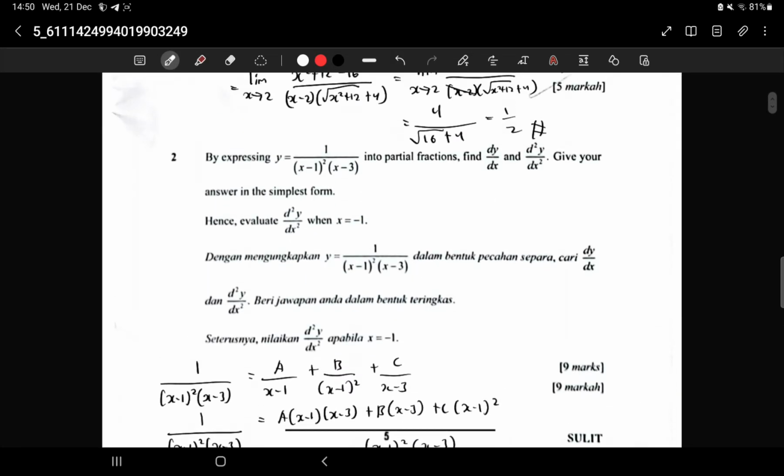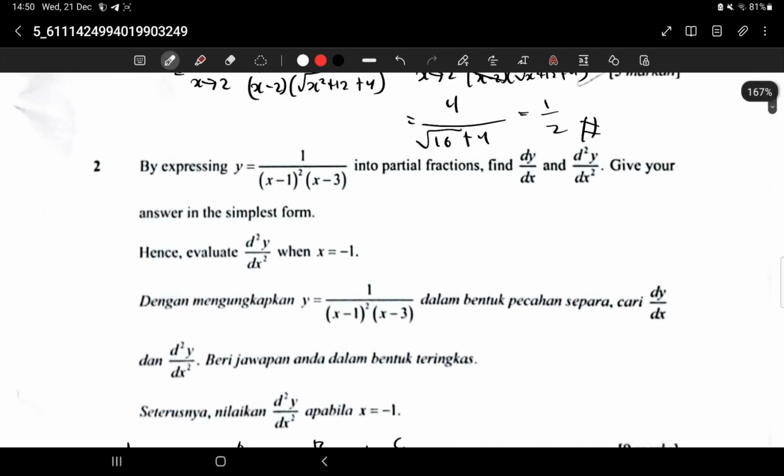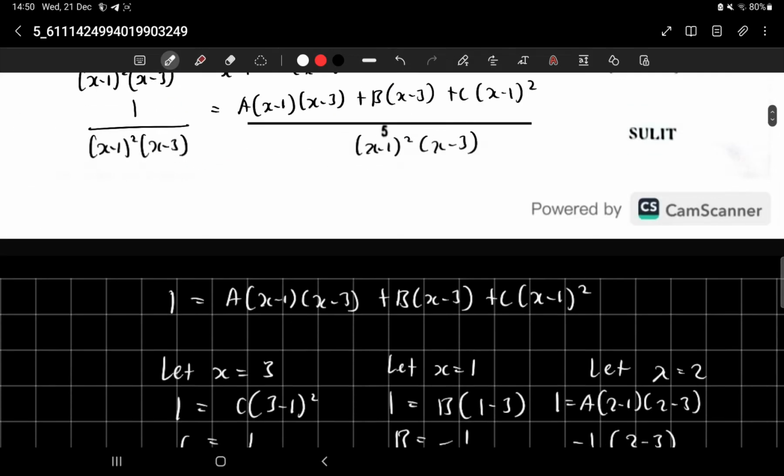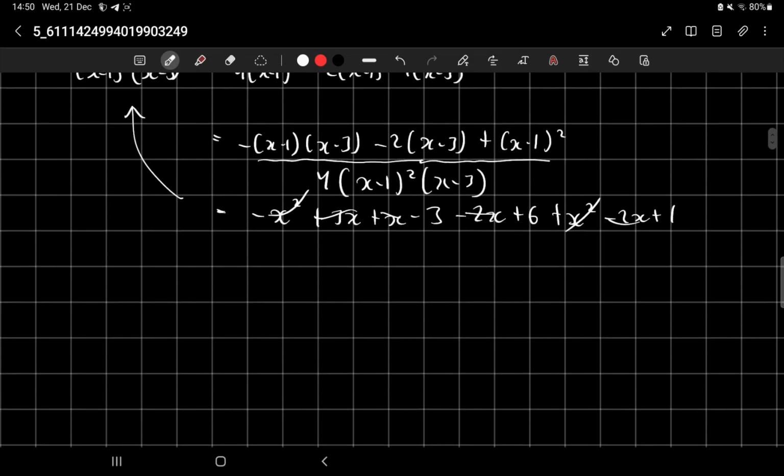But okay. And then after expressing it in partial fractions, it wants us to find dy over dx, meaning that we are differentiating y with respect to x.